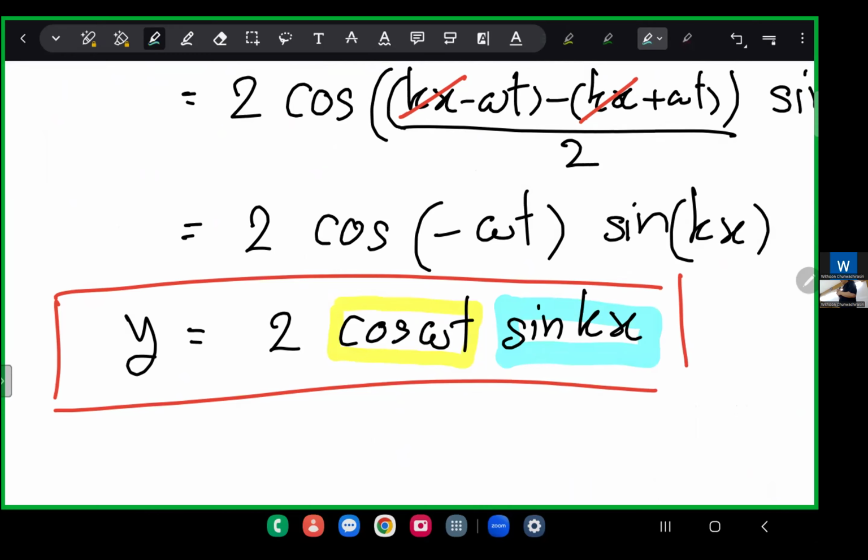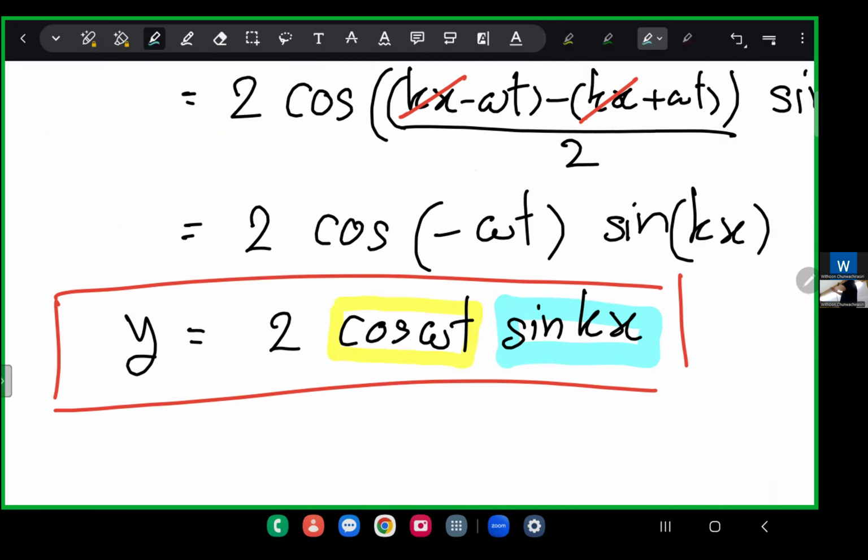And think about it. I saw this somewhere before, from the simple harmonic motion. We know waves are nothing more than a series of simple harmonic motions that oscillate in time, but with a different starting time, think of it that way.